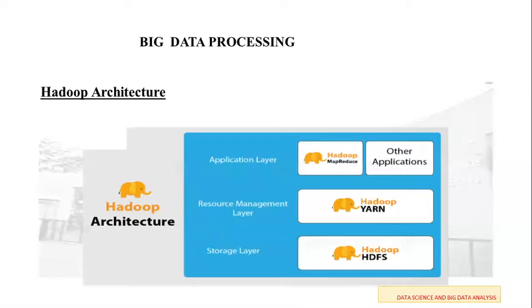The next one is Hadoop Common. These Java libraries and utilities are used to start Hadoop. They are used by the other Hadoop modules, and this library provides file and OS level abstraction. So this is the explanation of the Hadoop architecture.